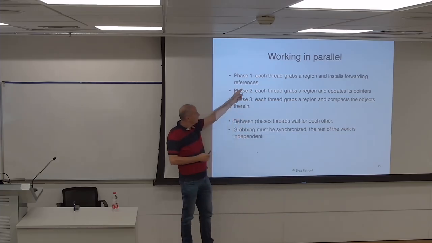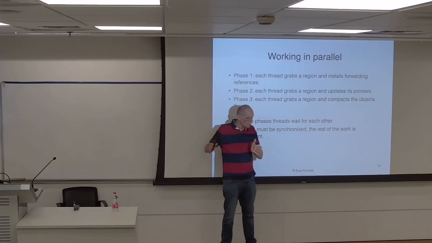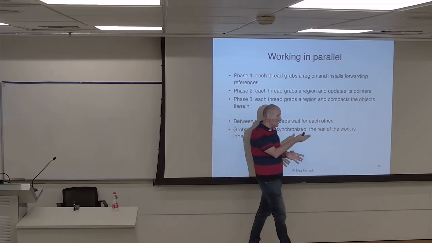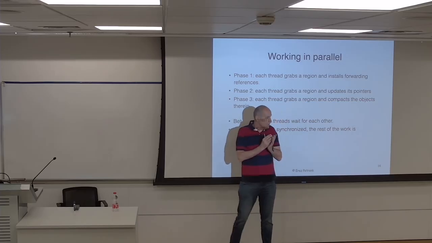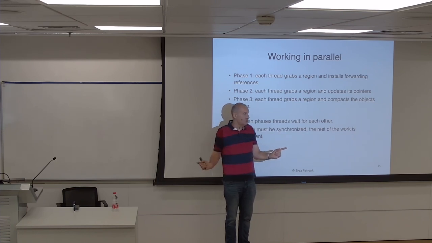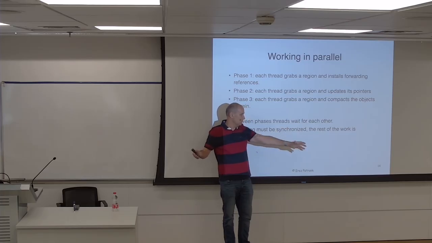What I'm doing here is I'm trying to compact the objects, right? When I'm compacting the objects, there are other objects that point to them. There are fields inside other objects that point to them. After compaction, each pointer should point at the same object that it pointed to earlier. So if I'm at the beginning of the heap and I point to the end of the heap, this pointer still has to point to the same object.